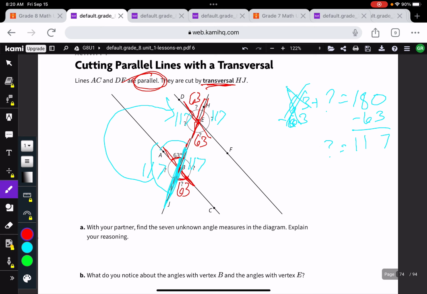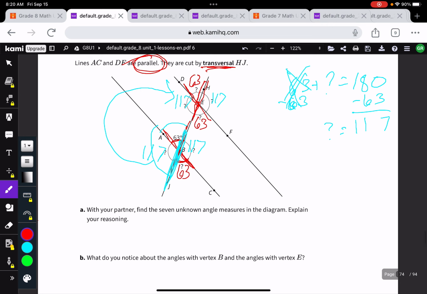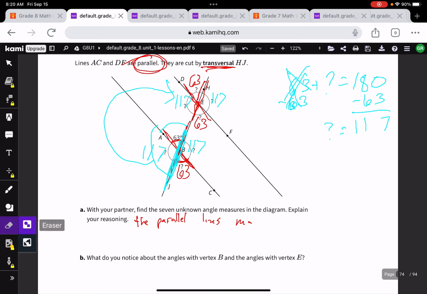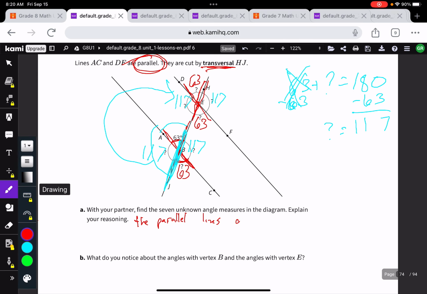And it says explain your reasoning. We could, if we wanted, add something saying maybe like parallel lines and transversal make identical images.